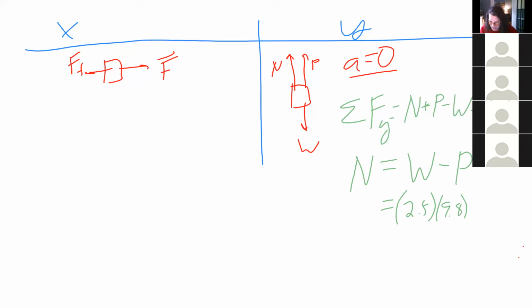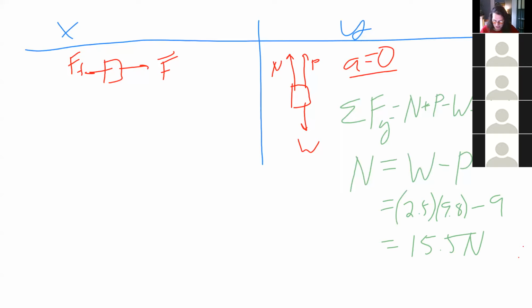The pull force for my part 1 is 9. 2.5 times 9.8 is 19.6 plus 4.9. So that's 24.5. 24.5 minus 9 will give me 15.5 newtons. So we have our normal force calculated here.